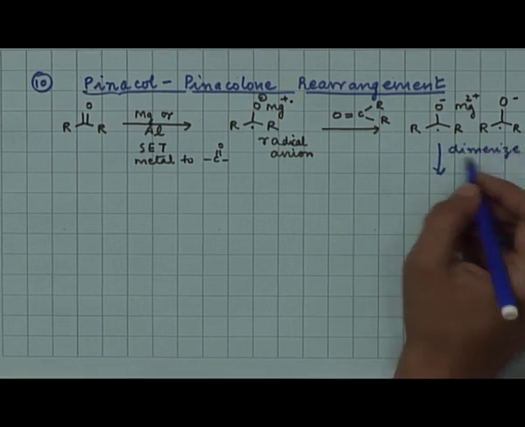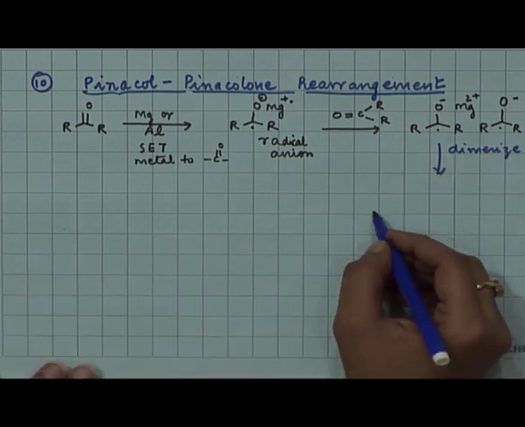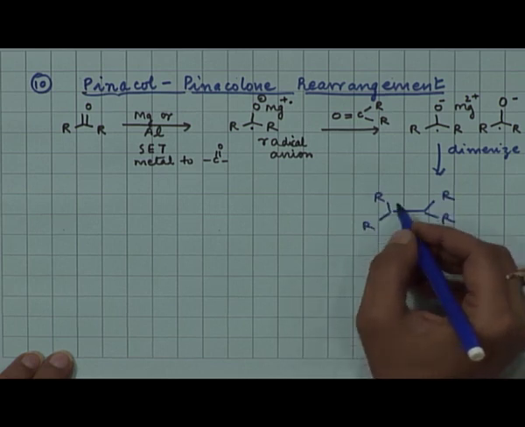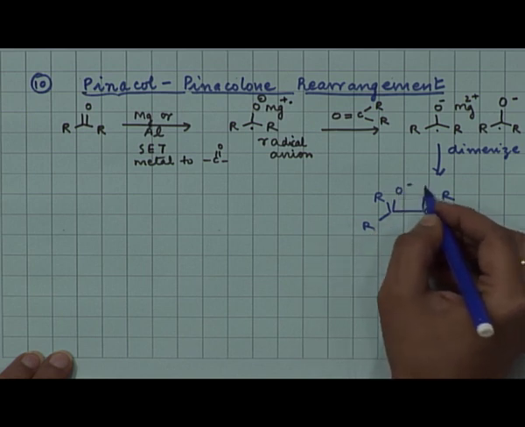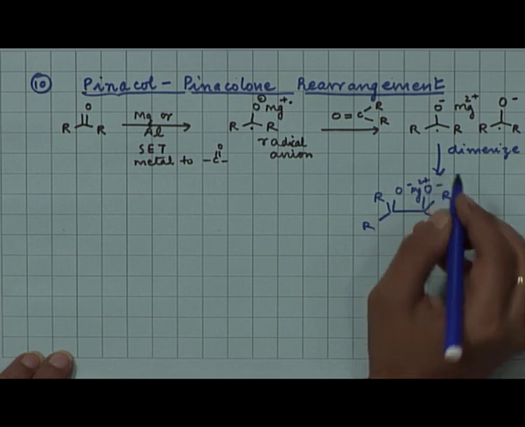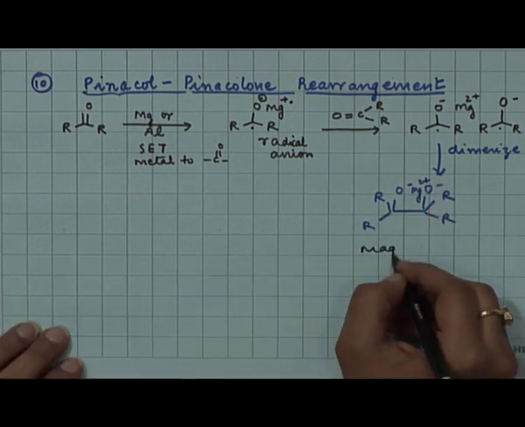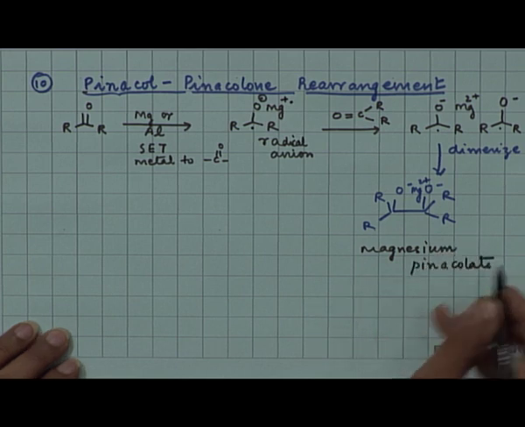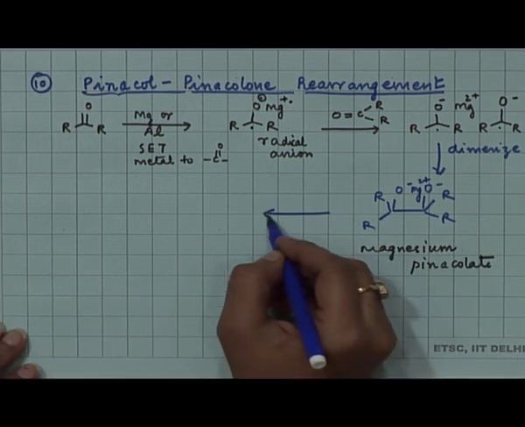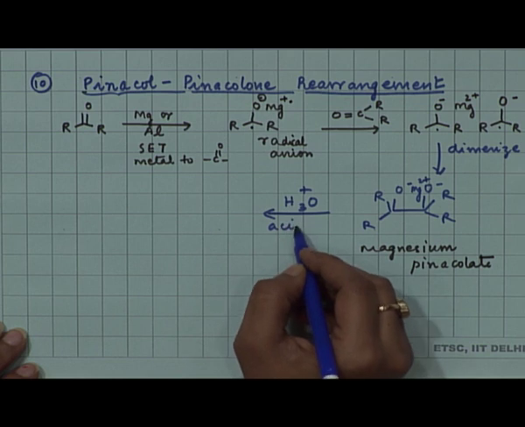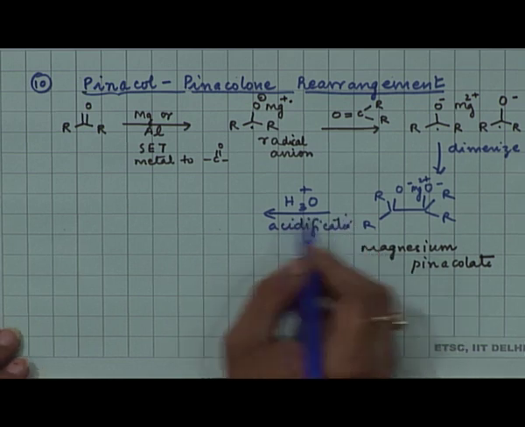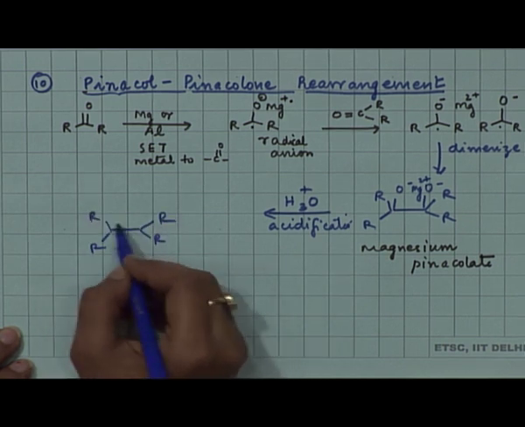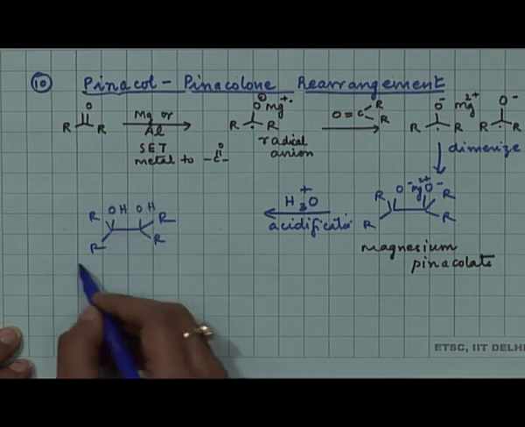They dimerize in the absence of any proton donor, and when they dimerize they give you this molecule, which is magnesium pinacolate, which then undergoes acidification to yield the desired pinacol.